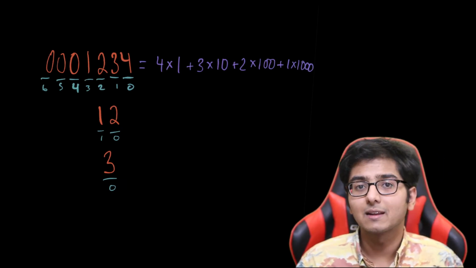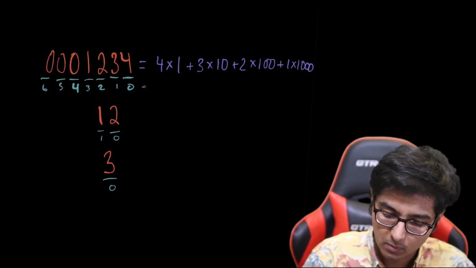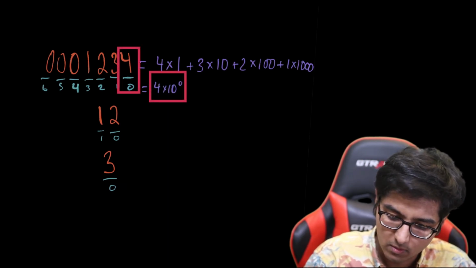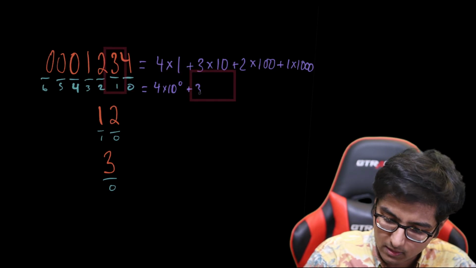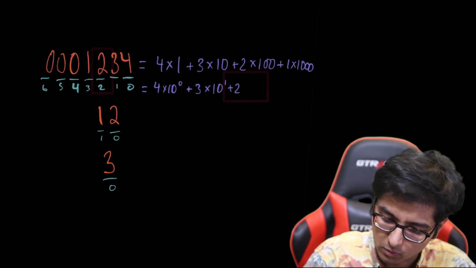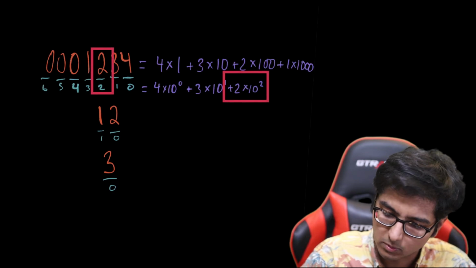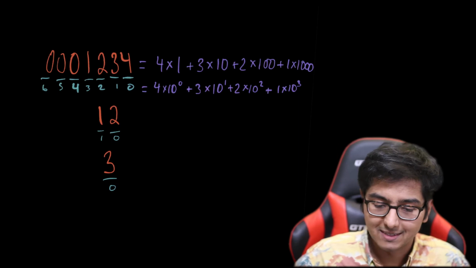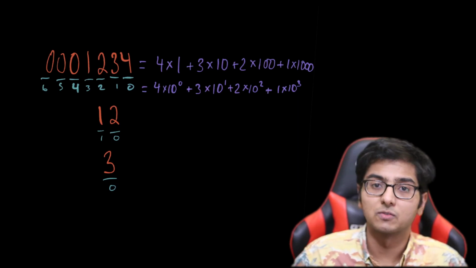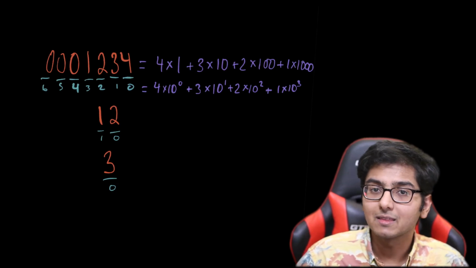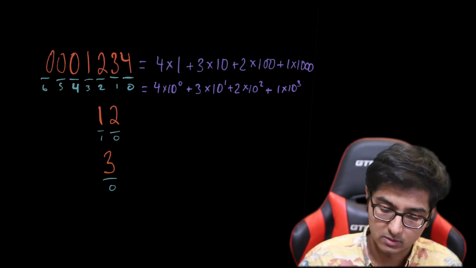And if we were to look at that a little bit closer, we'd notice that this is 4 multiplied by 10 to the power of 0 plus 3 multiplied by 10 to the power of 1 plus 2 multiplied by 10 to the power of 2, 1 multiplied by 10 to the power of 3. Now, I did not list out the zeros in positions 4, 5, and 6 of the number, because if I were to multiply anything by 0, I'm just going to get the number 0.